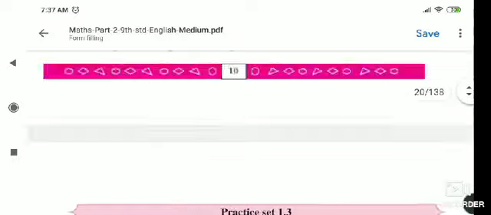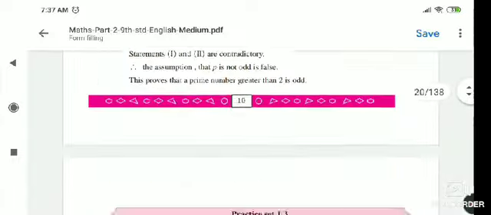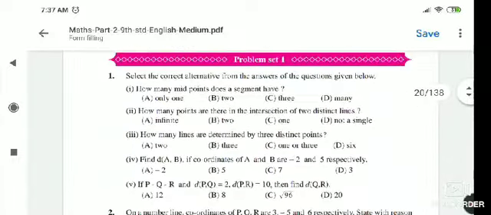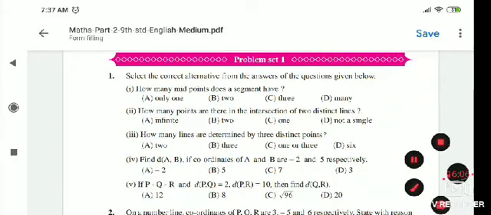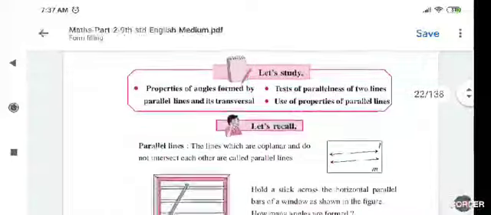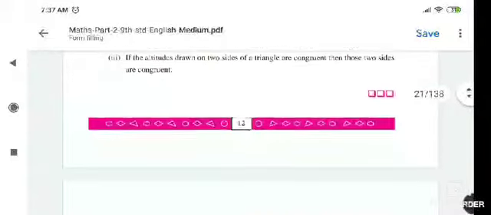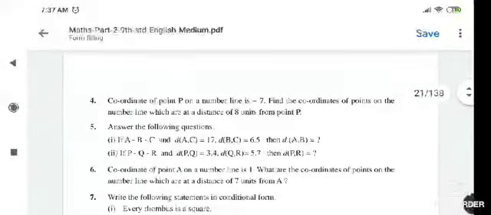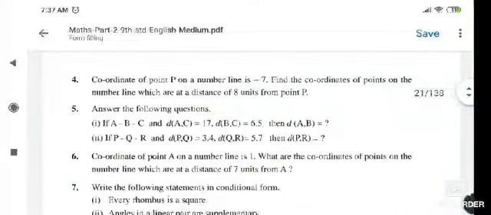In that way, we have to solve the indirect proofs. So today we have completed the first lesson revision, and it's a reduced syllabus. I will send it to you, and you have to study according to that reduced syllabus, which was reduced for this year.